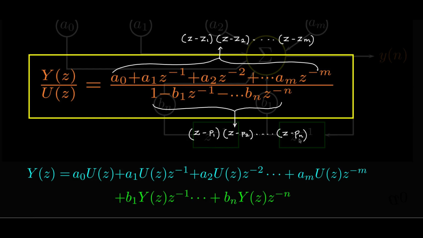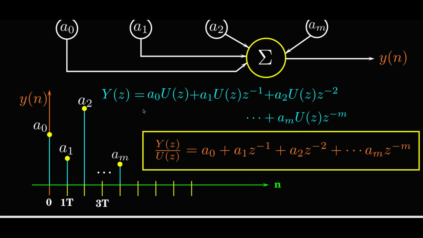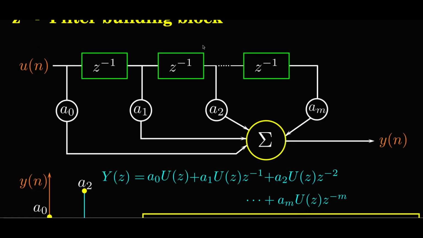In IIR filters, the poles are not necessarily at 0, but in the case of the FIR filter, all the poles will lie at z equal to 0. So if you look at the FIR filter transfer function, let me go back. So we have the transfer function of the FIR filter. So this is the FIR filter, right?